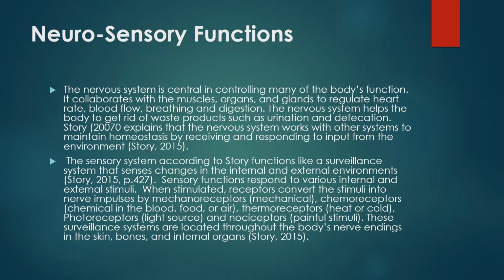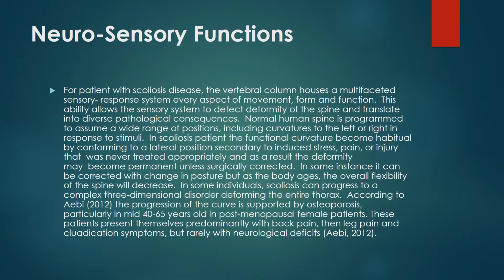So when they are stimulated, receptors will send signal to convert the stimuli into nerve impulses by mechanoreceptors, chemoreceptors, thermoreceptors, photoreceptors, nociceptors, which is painful stimuli. These surveillance systems are located throughout the body's nerve endings in the skin, in the bones, and internal organs.